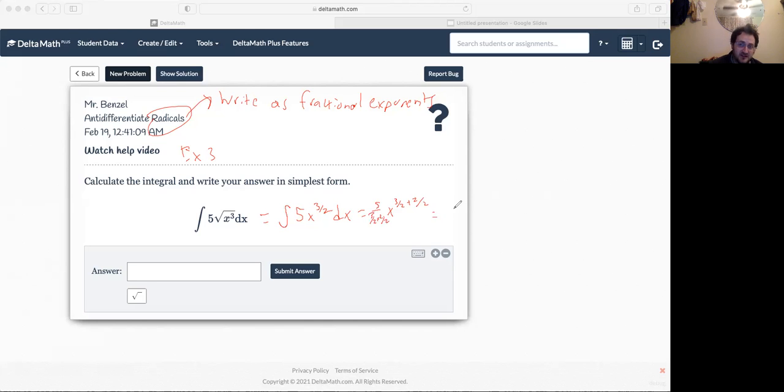And you don't have to do this step if the rules are coming naturally to you. So our new exponent would be x to the 5/2. And then we have 5 over 5/2.